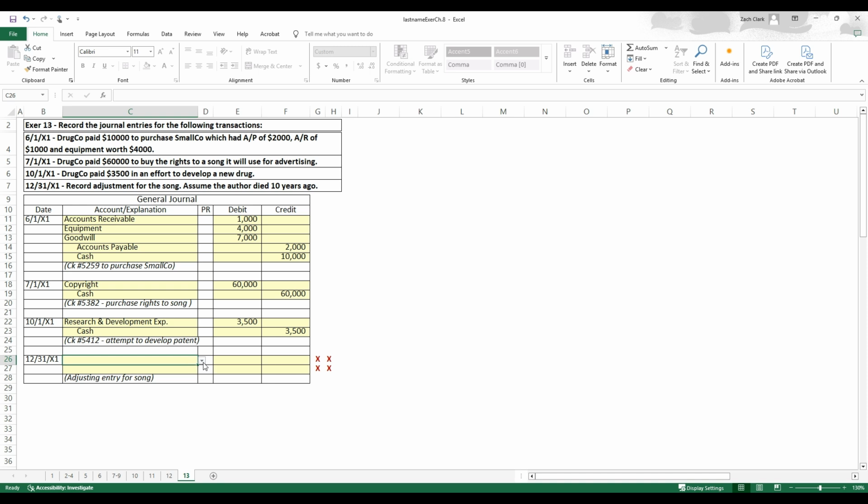Now we're basically amortizing this thing over, and we'll say accumulated... Oh yeah, I think we just go directly to the copyright if I can find it. So this one, remember, we don't use accumulated amortization per se. We just go directly to credit the copyright.